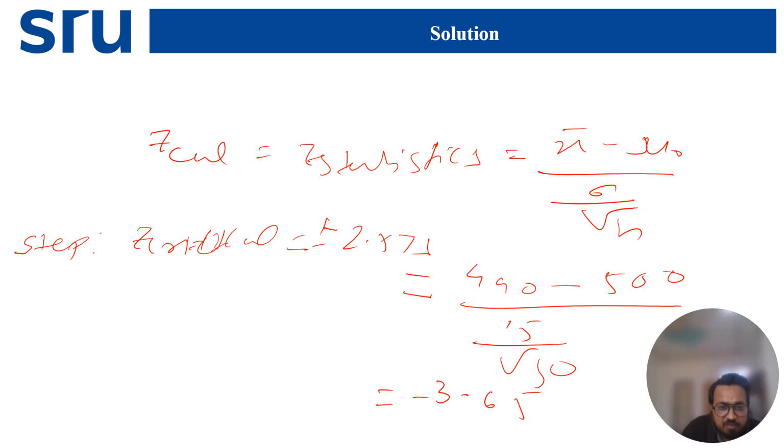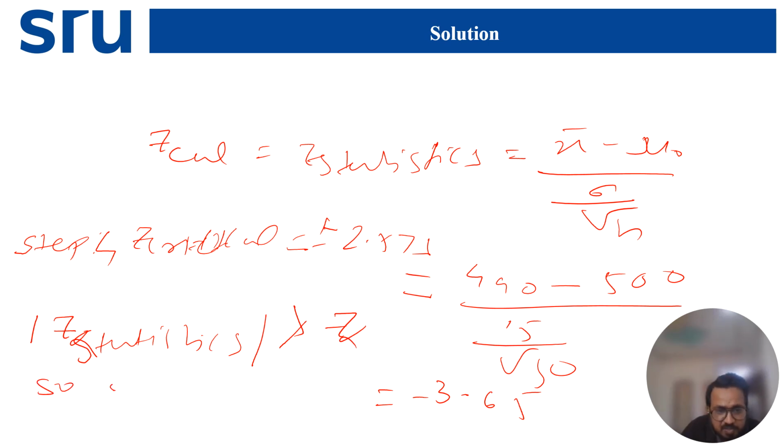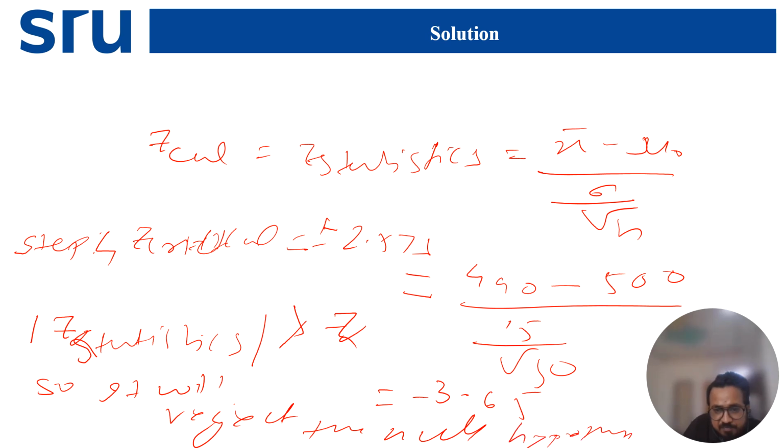Okay. So now we can see that the mode of Z statistics or Z calculative value is greater than Z alpha, so it will reject the null hypothesis H naught.